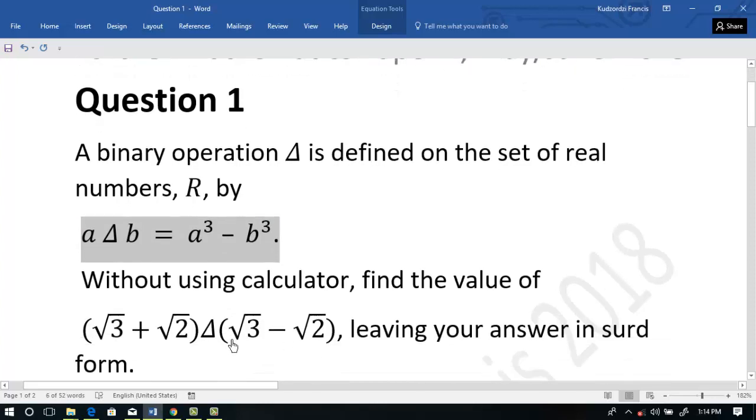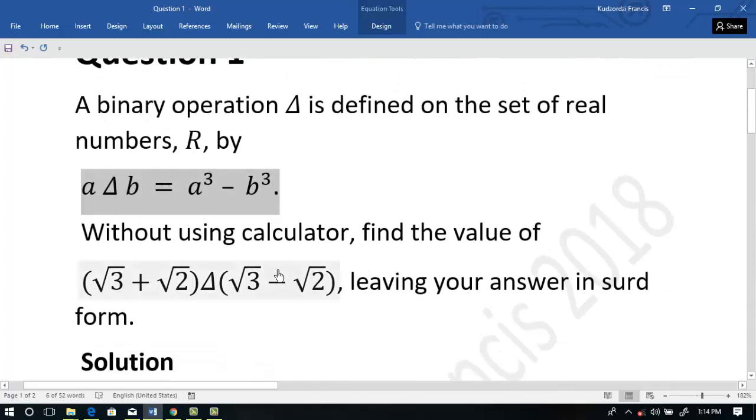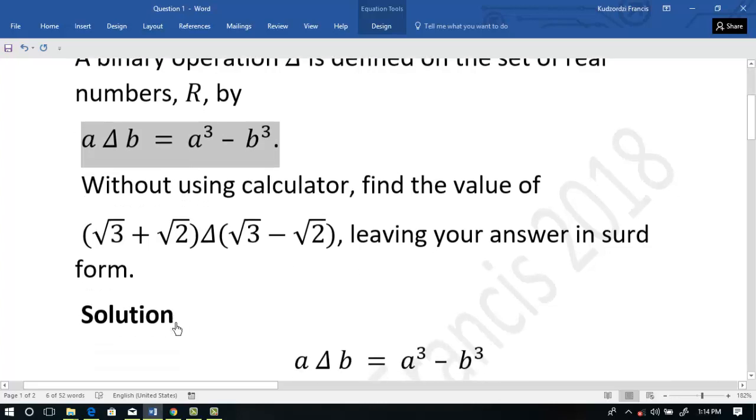Without using a calculator, find the value of root 3 plus root 2 triangle root 3 minus root 2, leaving your answer in surd form. Now, this means you should leave your answer with a square root sign in it. So let's look at how we can solve this.